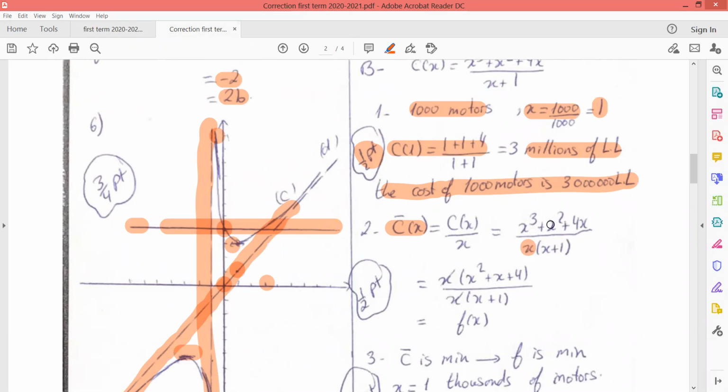So this is Cx over x. I take x common from the numerator: x into x squared plus x plus 4 over x into x plus 1. x and x simplify. I am left with x squared plus x plus 4 over x plus 1, which is equal to fx. So the average cost equals the total cost over x, meaning Cx over x.